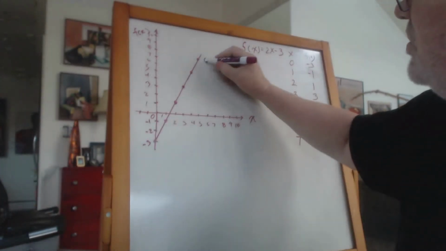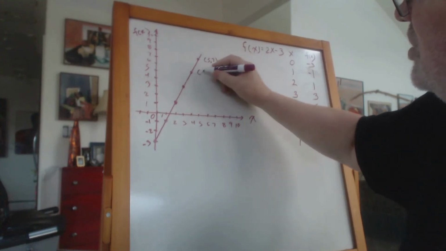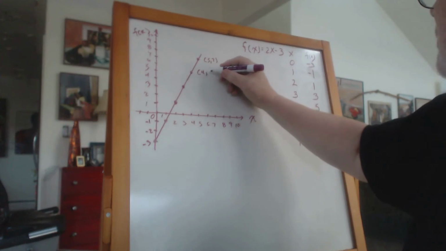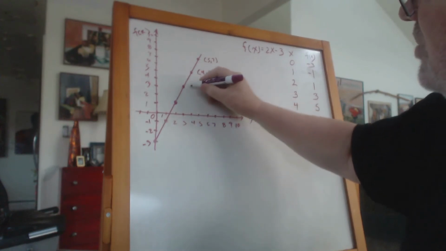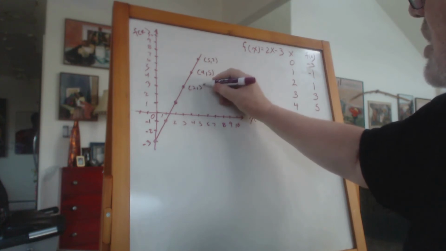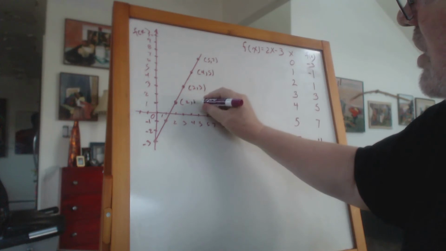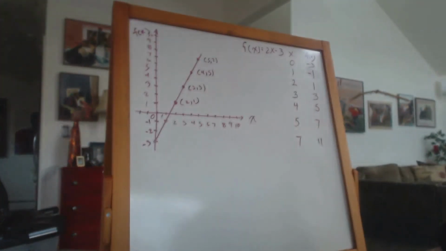So we have 5, 7, 4, 5. We have 3, 3. We have 2, 1, and so on.